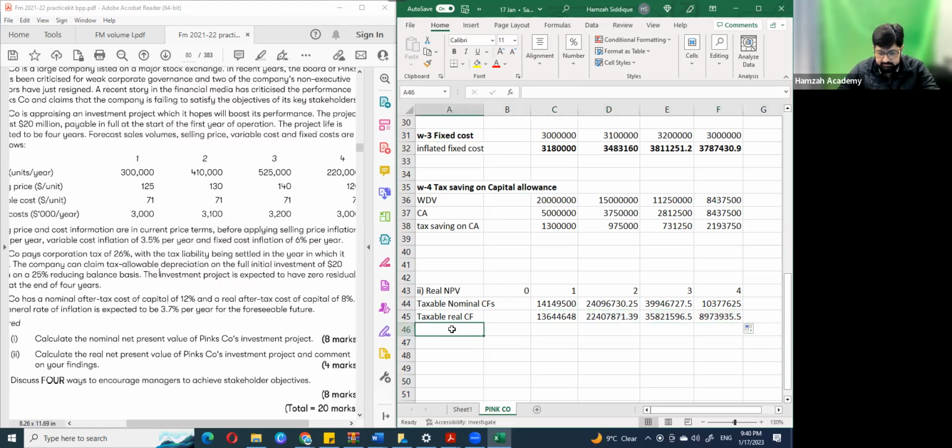Next, tax payment, remaining adjustment, 26%. 26% into now real cash flows we are using. Okay. And the remaining investments are same. Initial investment, that is 20 million.